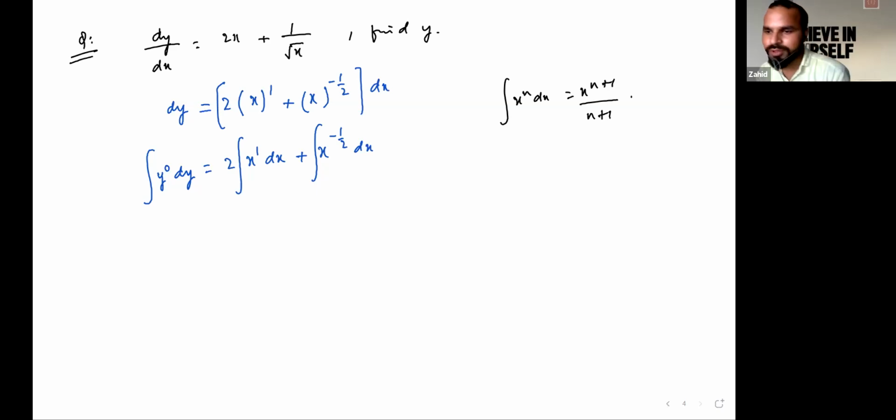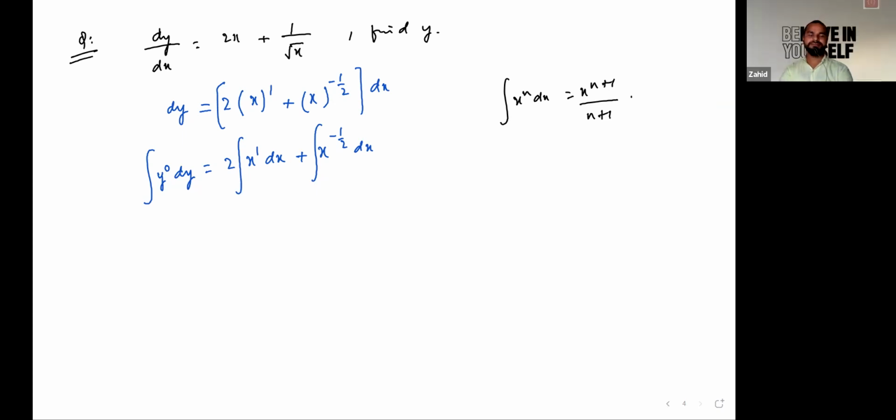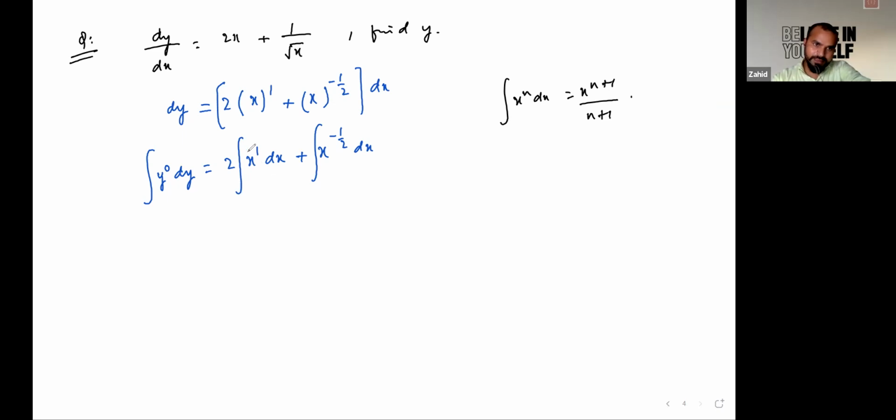Khalid, tell me your answer. Sir, still haven't done. I did it the wrong way. Okay. Sir, we have to substitute that in the equation, like 2 into that value. Yeah, just here in the first part, x raised to the power 1.